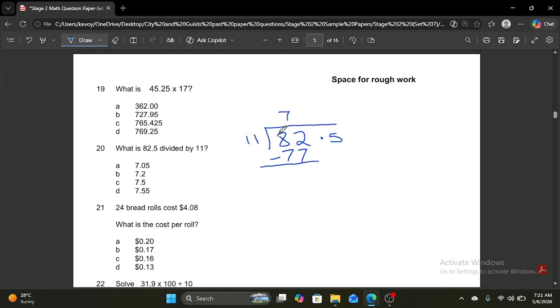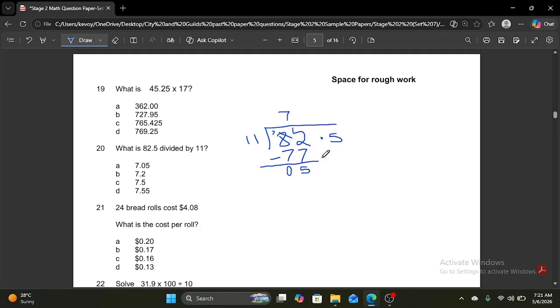So subtract what you have right there. 12 minus 7 is 5, and 7 minus 7 is 0.